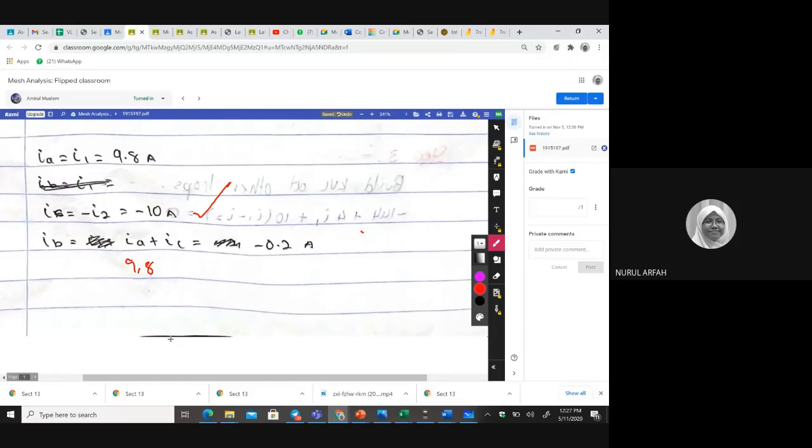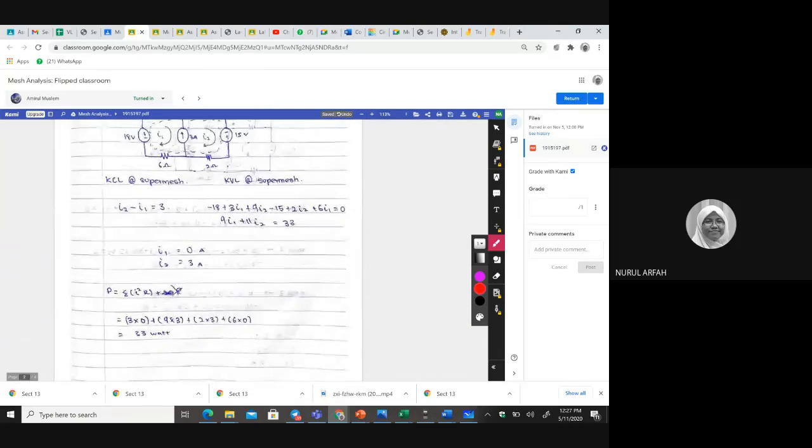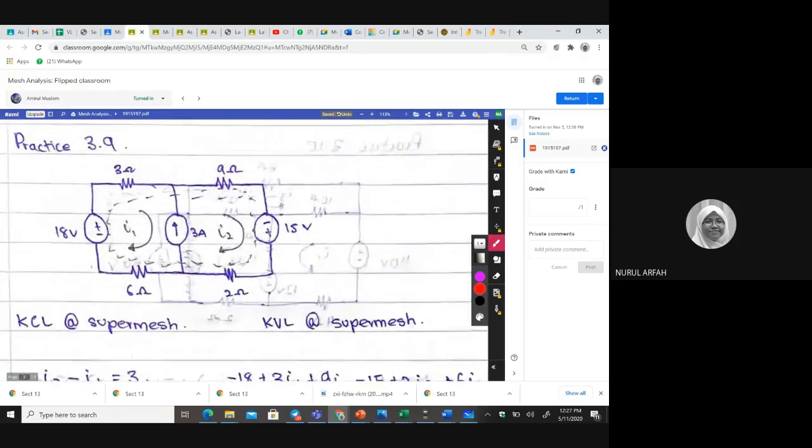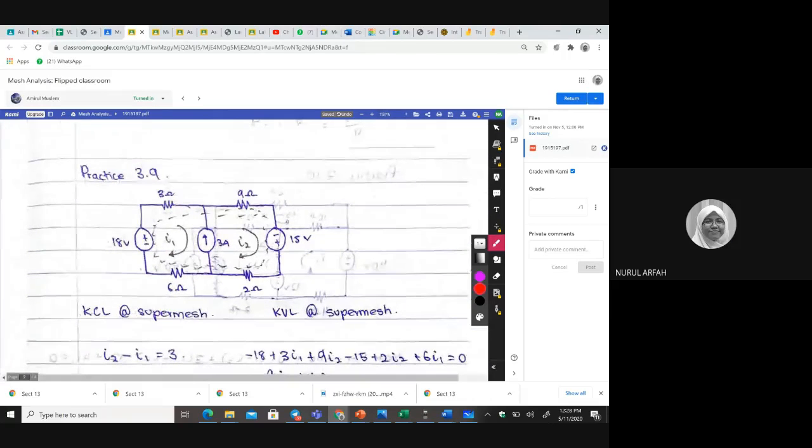Plus minus 10, you're supposed to get the same. Why is everyone quiet? Do you have a problem with IB? Okay, check again. Maybe you are confused about how to get IB. You actually just need to apply KCL.